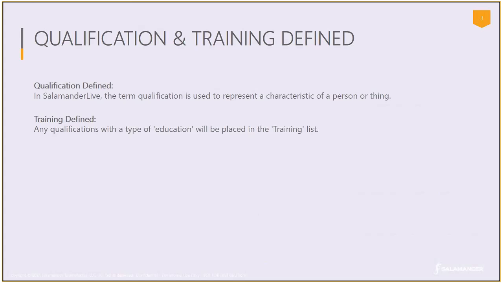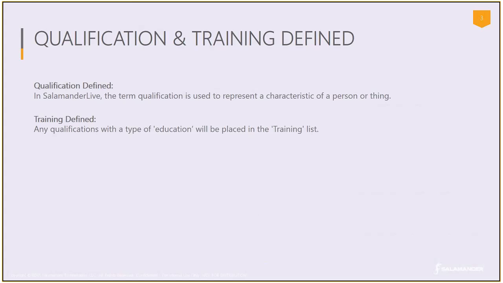In most cases, a qualification is confirmed by an external review or certification. And we'll take a look at that in a little bit here once we go into the site, because there's different tiers for qualifications. And that's going to be the same for training as well. On the training side, when we're looking at training qualifications, what we've done is to help you distinguish qualifications from a training qualification.